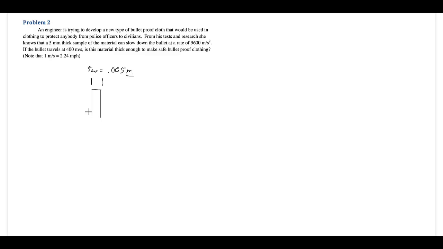And we know that our bullet has an initial velocity of 400 meters per second. And we know that the acceleration in this case, if we make this negative and this positive, our velocity is going to be positive, our acceleration is going to be negative 9,600 meters per second squared. Okay, so this is a complete diagram.